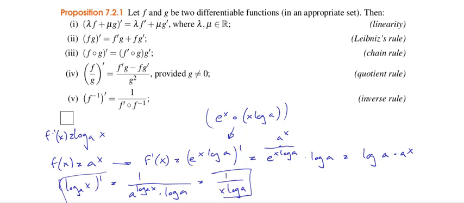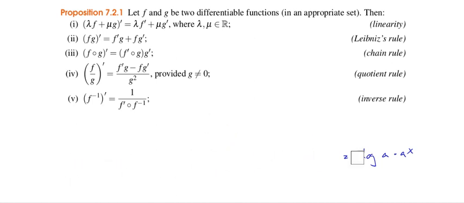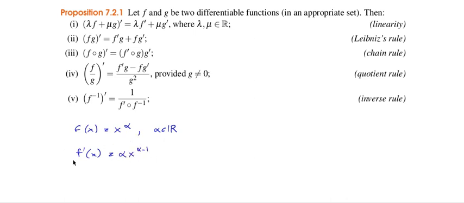Now let's see a couple more. Using the same thing, we have the function f(x) = x to the alpha, where alpha is any real number. We have seen that for x to the n, when n is natural, the derivative is n x to the n minus 1. Now we're going to see that this is also true if alpha is a real number. Again, we can write f as e to the alpha logarithm of x.